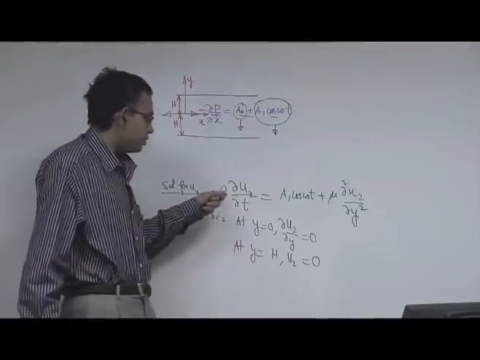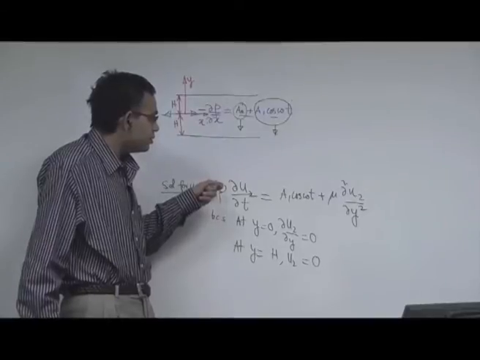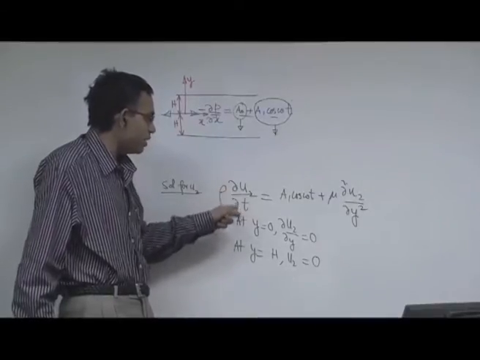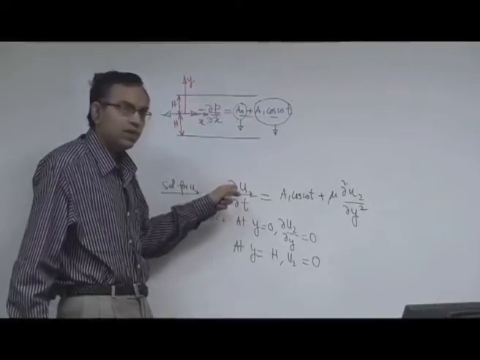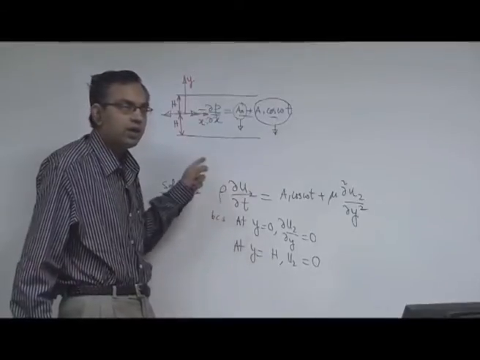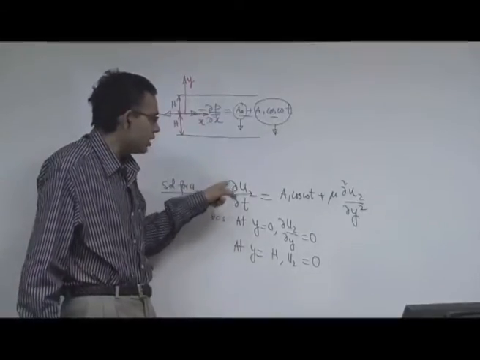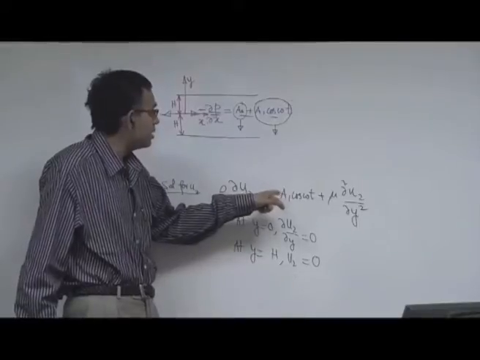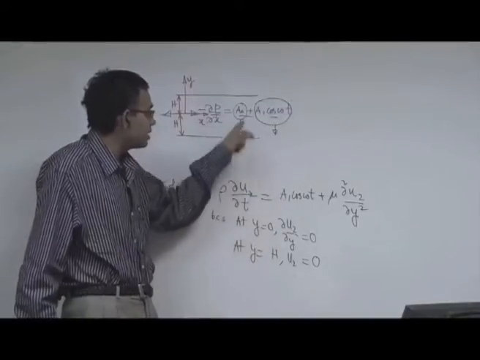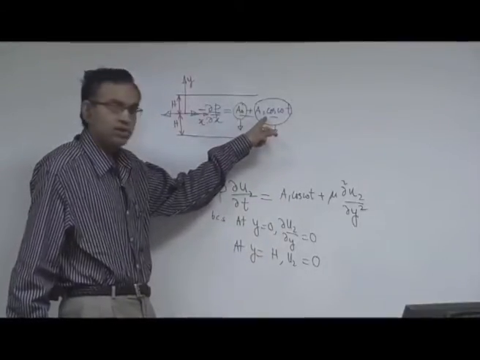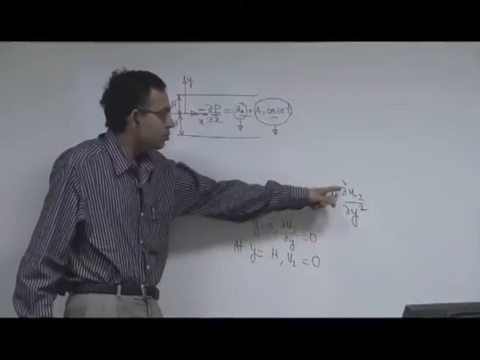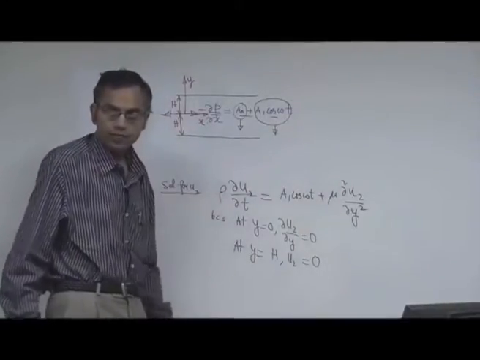So, the resultant solution, which is U1 plus U2, if you consider U equal to U1 plus U2, that will be governed by the equation rho del U del T is equal to minus del P del X, which is A0 plus A1 cos omega t, plus mu del 2U del Y2. Okay.